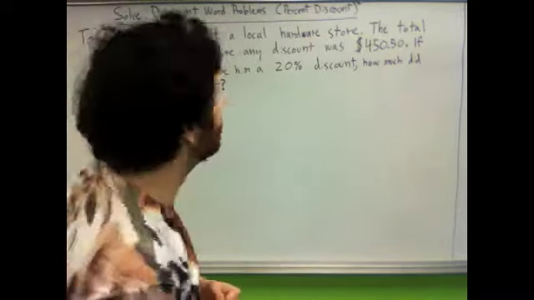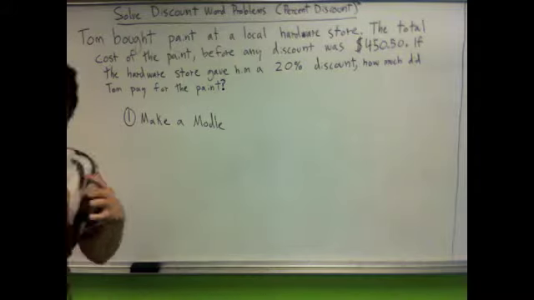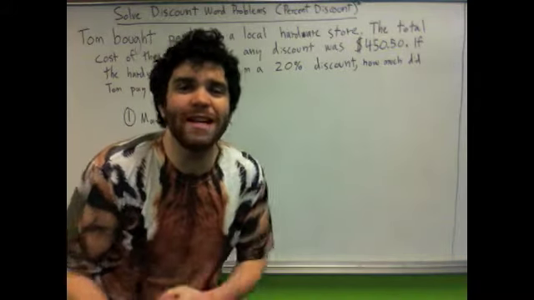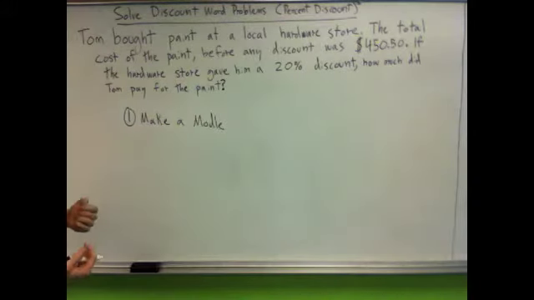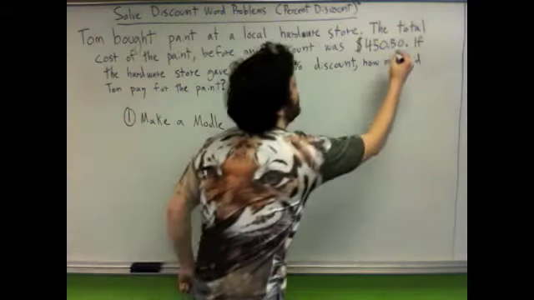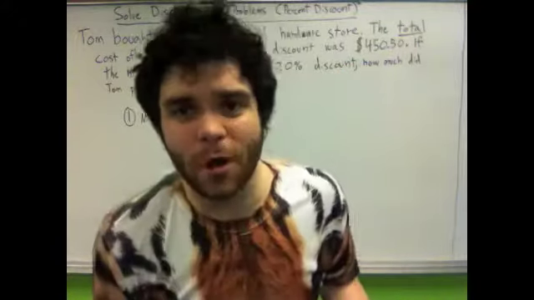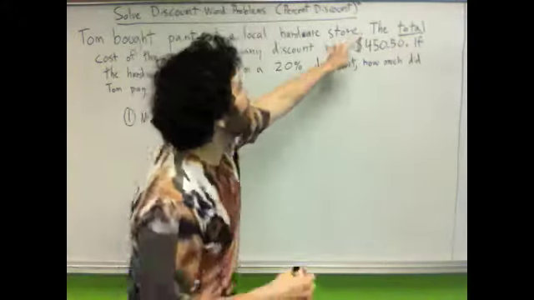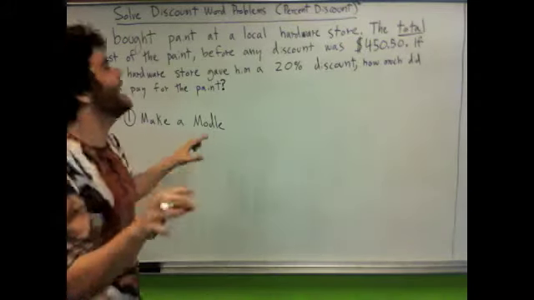Let's read it again. Tom bought paint at a local hardware store. So Tom goes to a hardware store and he's going to buy some paint. We can imagine that. The total, whoa! If it tells you the total, you know you're looking for the total real soon, right? The total cost of the paint before any discount.